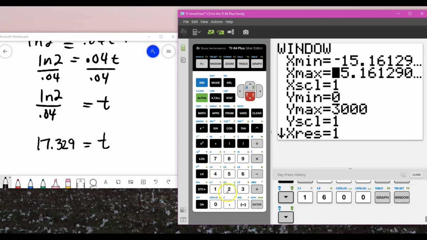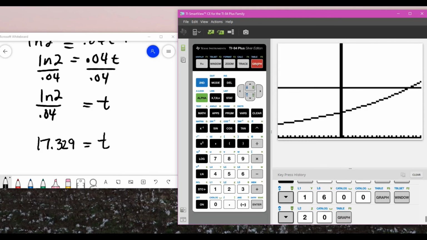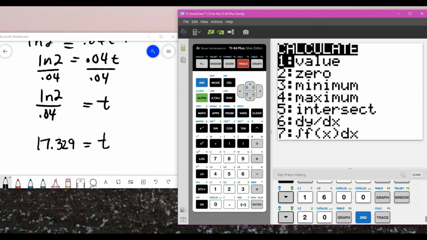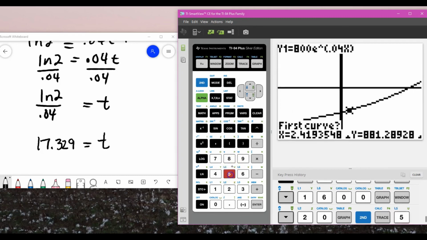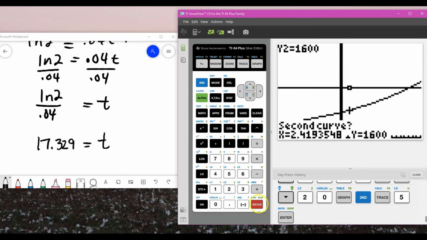So let's change it to 20. And now you can see that intersection point. So I hit second and trace to go into the calc menu, select number 5, hit enter for the first curve, hit enter for the second curve, and I want to guess. Move your cursor closer to that intersection point to guess.